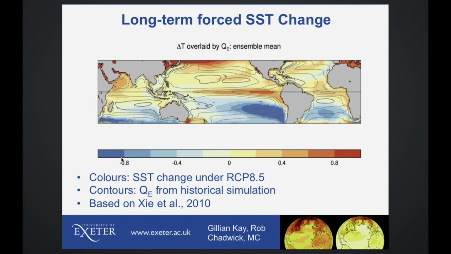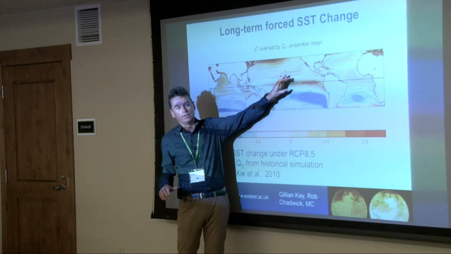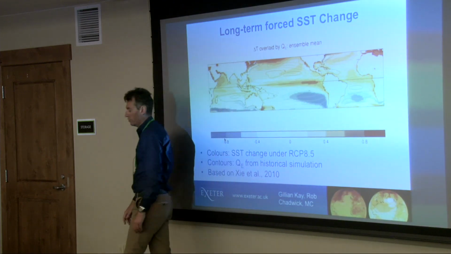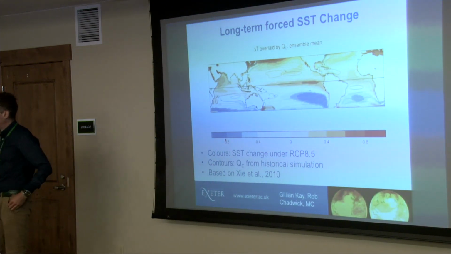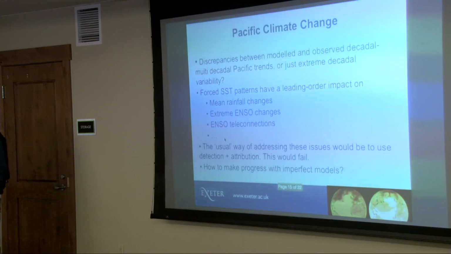I'm not quite sure. There are probably other things going on. But this pattern of latent heat flux is potentially biased because of biases in the SSTs in the mean climate historical period. So there we go.